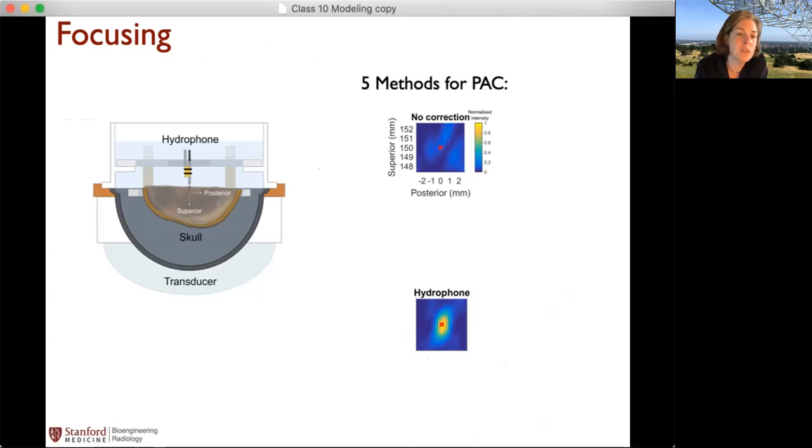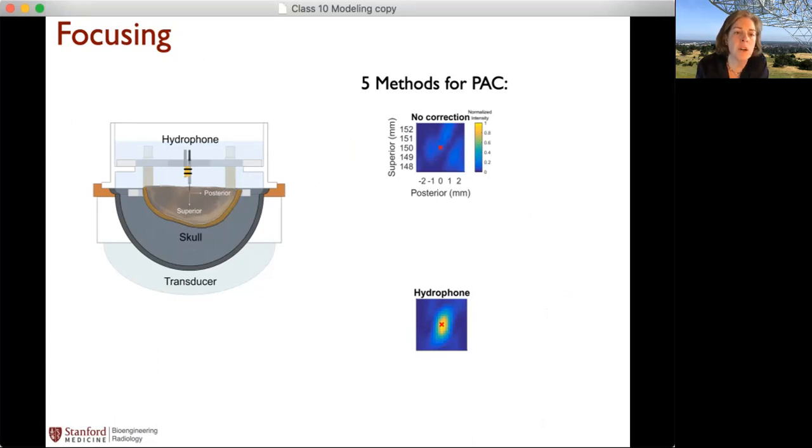Then Steve had his skull in the transducer, and he used a hydrophone. We talked about hydrophones and how those work, and the fact that you can scan the hydrophone around in order to get a picture of the focal spot. Initially he set it up so that it was right at the focus, and then he turned each of these elements on individually.